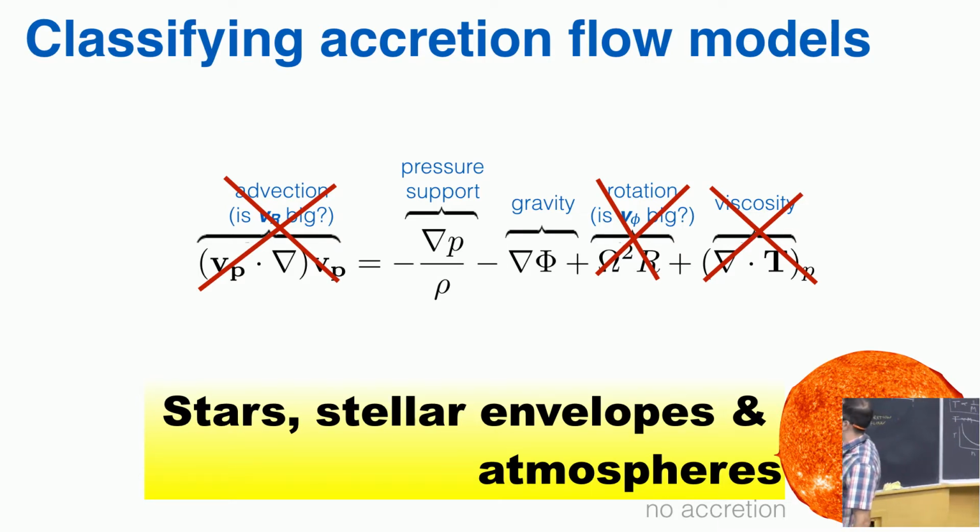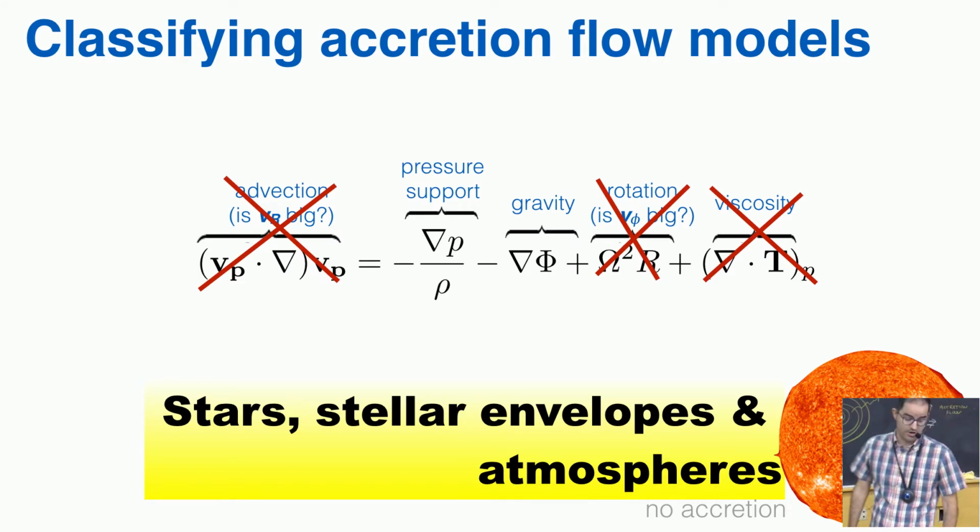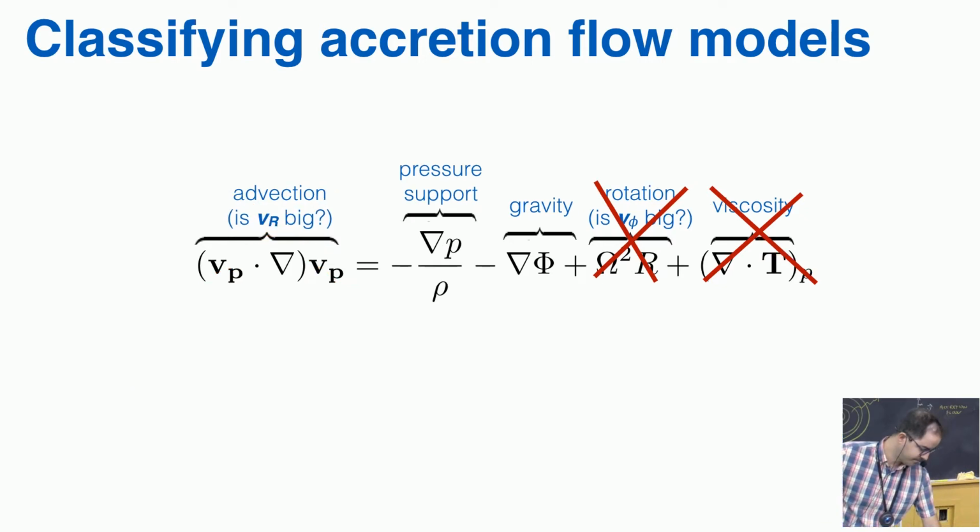And this resulting equation where you zero out all the other terms is really the equation of hydrostatic support of stars, which in general relativity is the Tolman-Oppenheimer equation, the covariant version of this equation here. Pressure is balancing gravity. Now, imagine you have a system with conditions where there is very slow rotation of the fluid around the central object, so rotation is negligible, and viscosity is negligible as well.